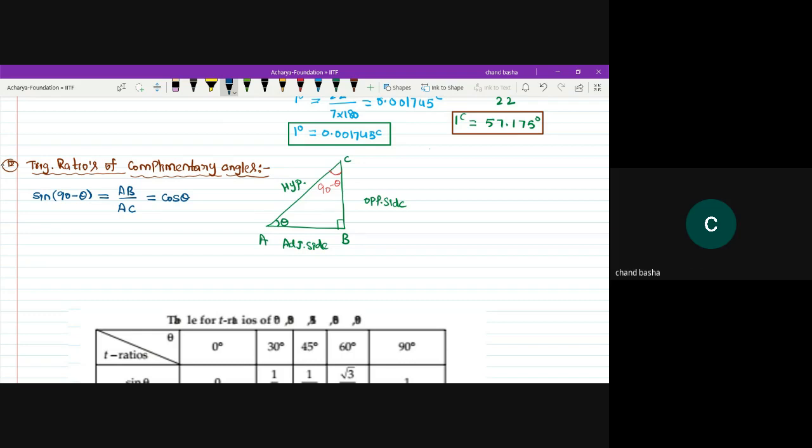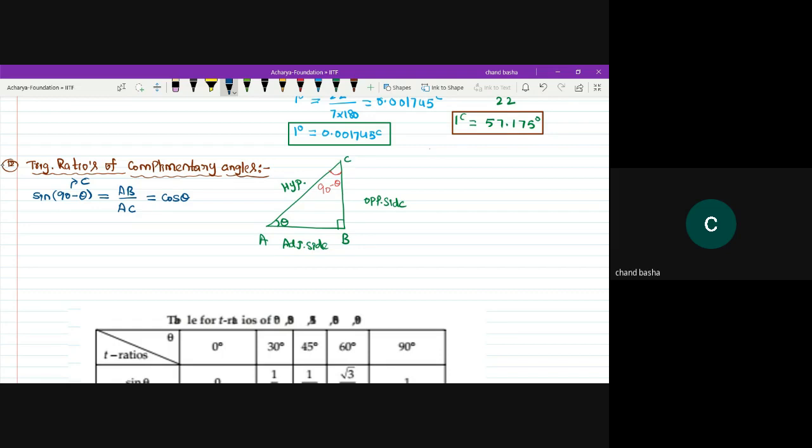Sine 90 minus theta, where you are taking 90 minus theta as your angle now, at C. From C you can observe. We are standing at angle C. What is opposite to angle C? Is it AB or not? Yes, sir.